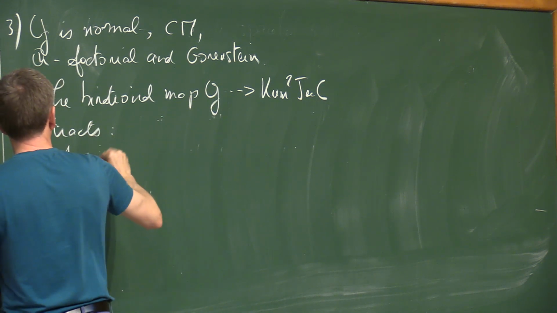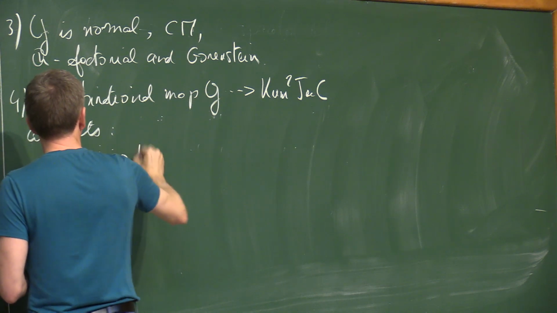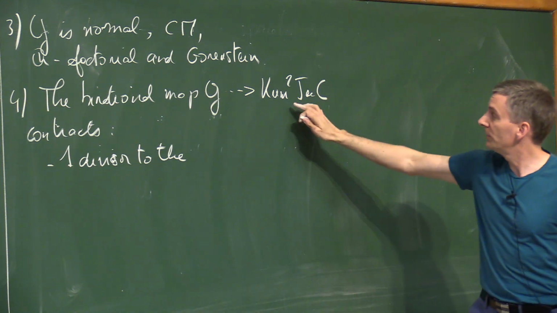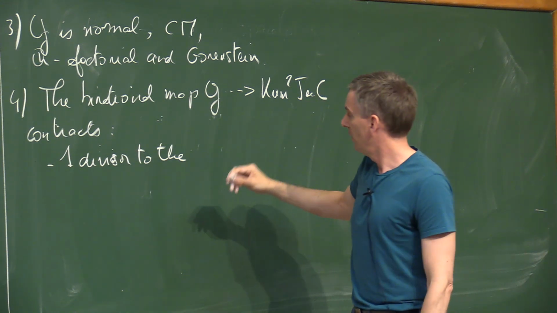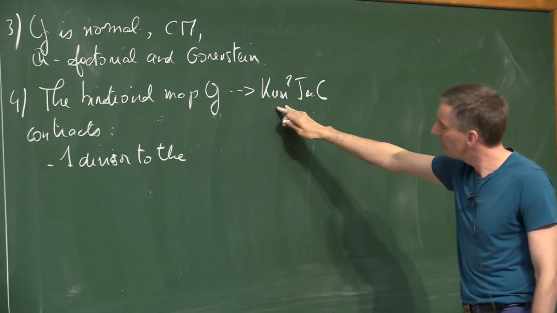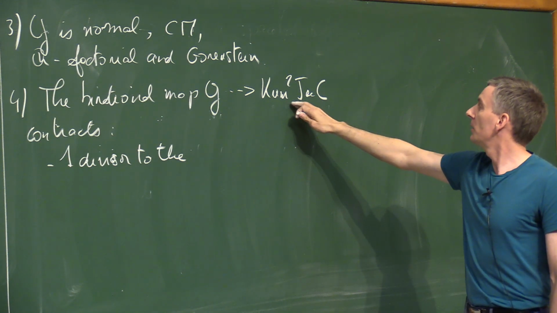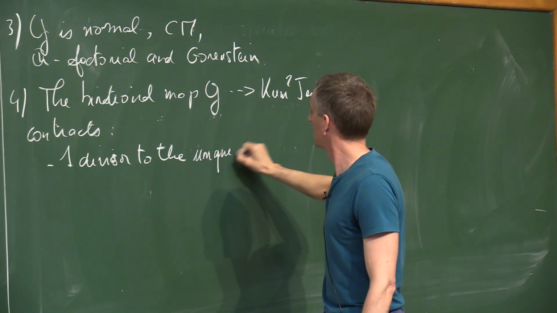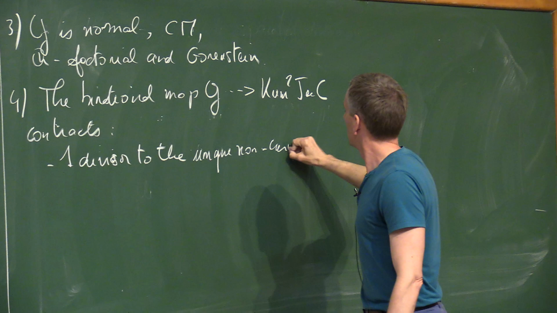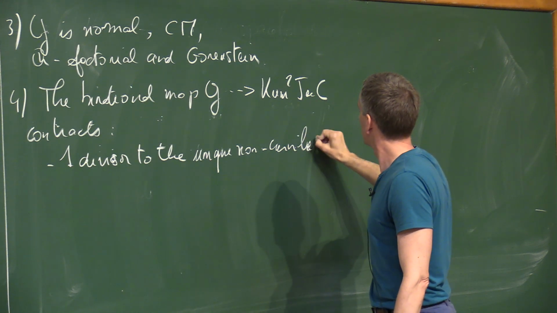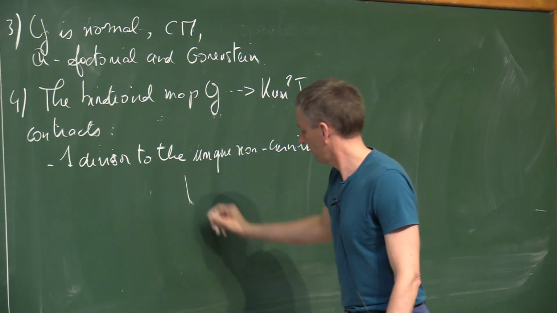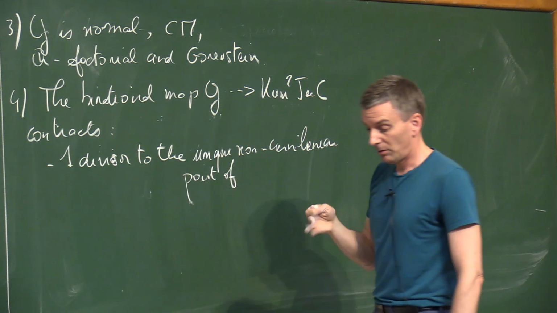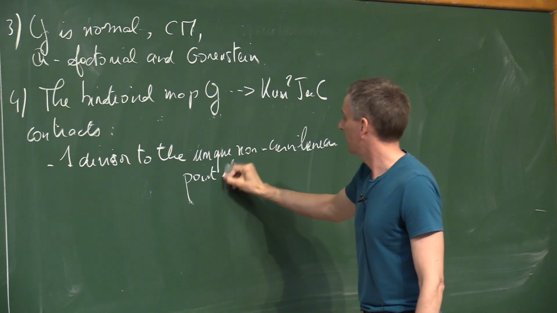One divisor is contracted to one point, a very special point on this Kummer variety, which is the unique non-curvilinear point supported at the origin.